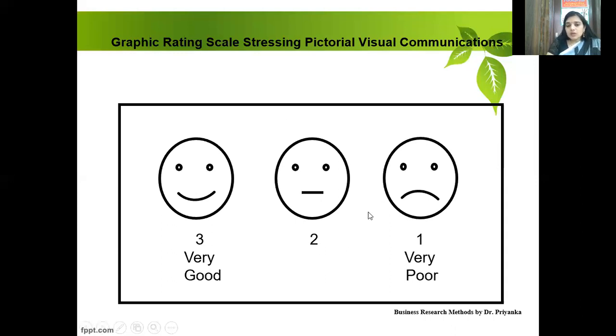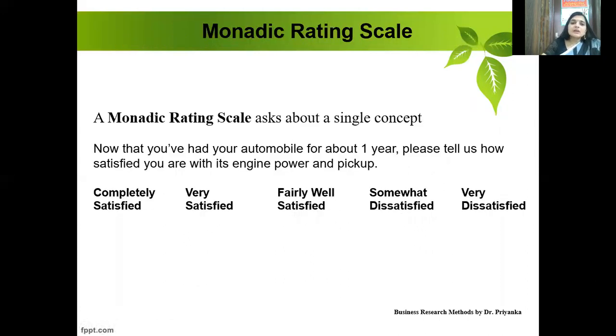Good, neutral, poor. And in the same way, happy, sad, and neutral, you can show things like this. You can have different kinds of smileys. You can have more smileys just to show the expression, like smiling and sad, and then in between neutral. You can use that.